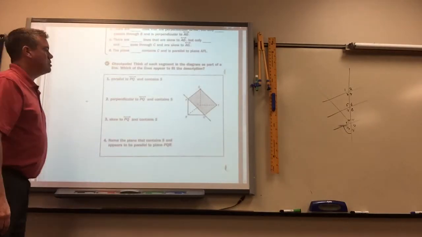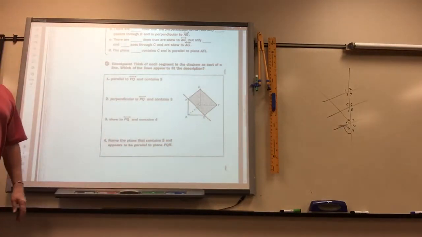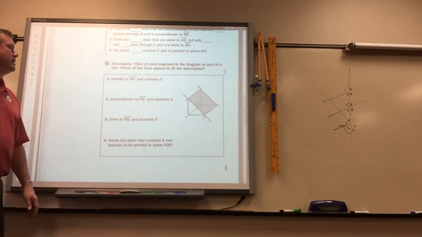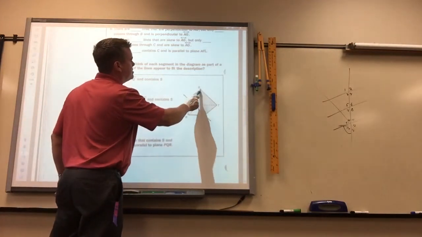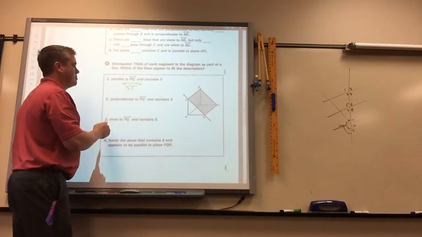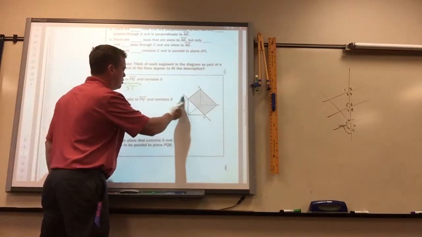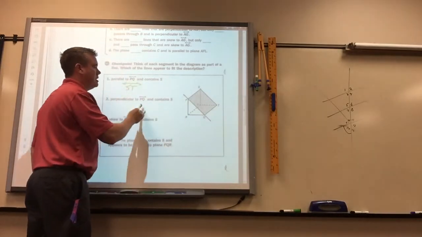So in this picture, you've got a triangular block. It's a triangular prism. Parallel to PQ containing S: this S, line ST. Perpendicular to PQ containing S: SP.